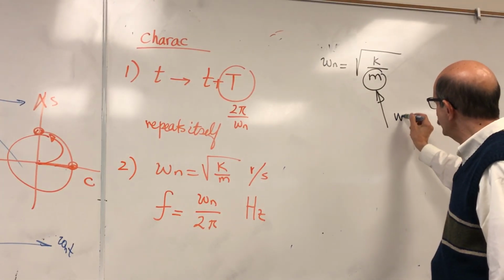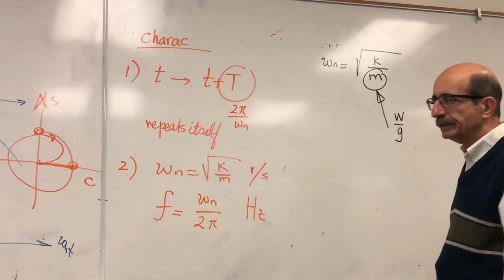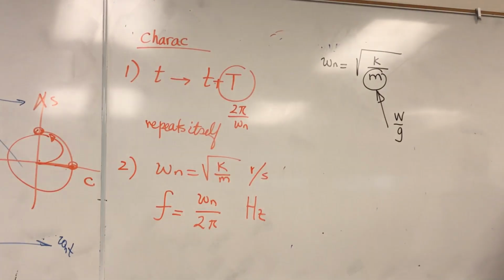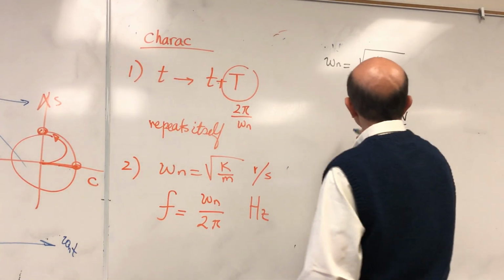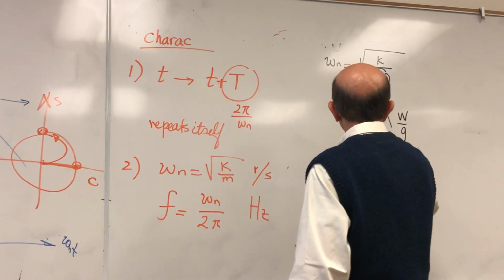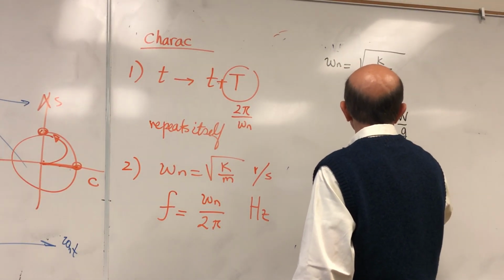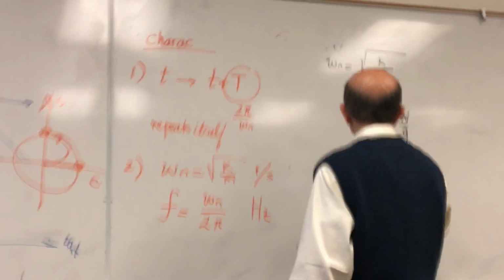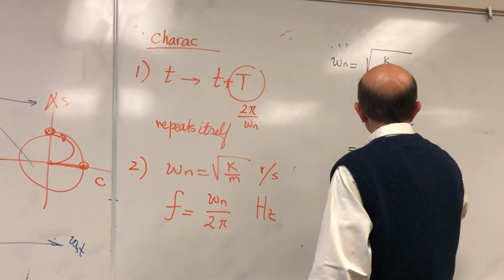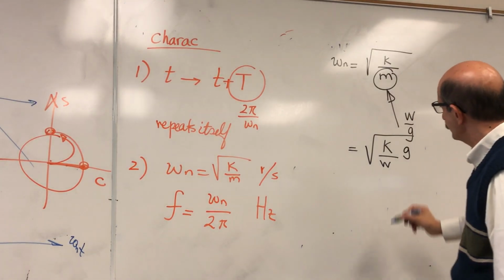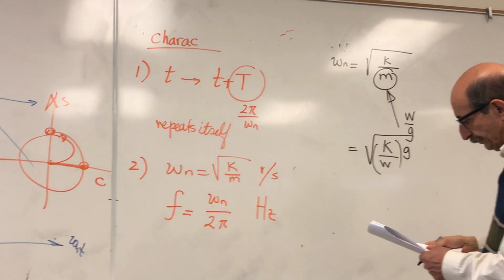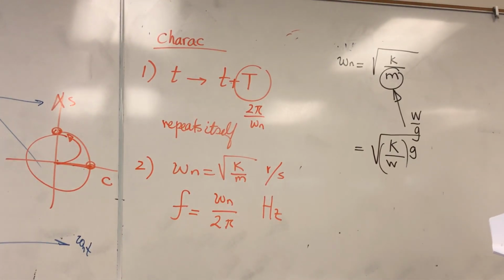Mass is weight divided by the acceleration of gravity. So if I substitute it there, I have K over W times G. So that becomes the equation.